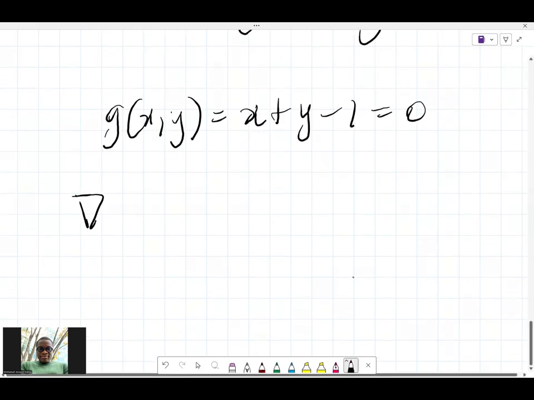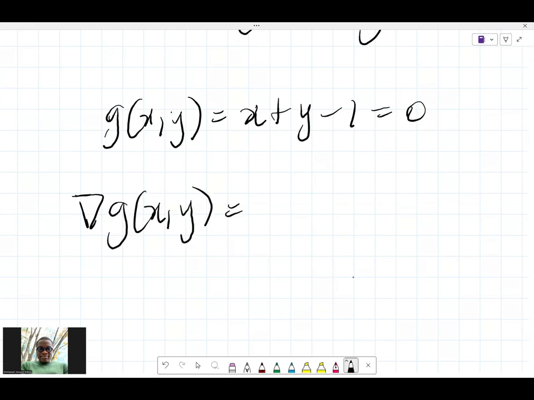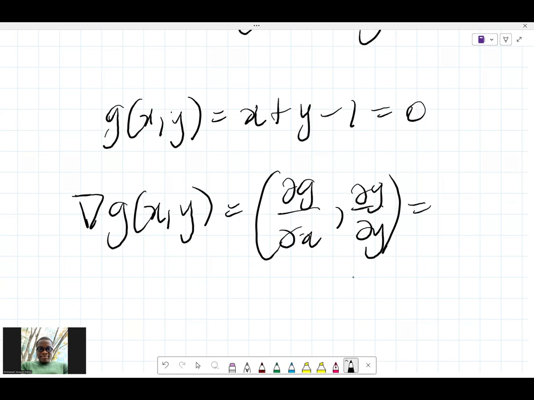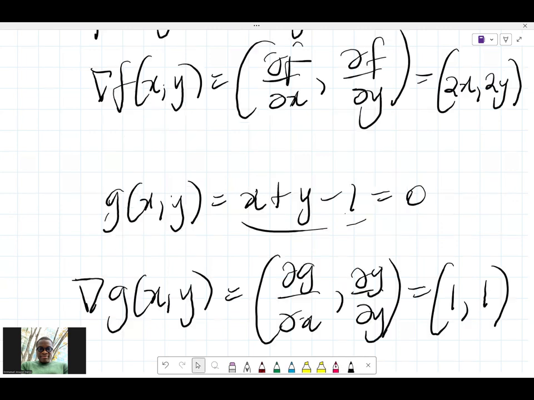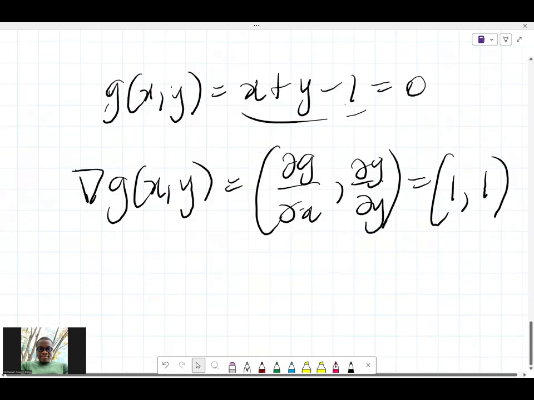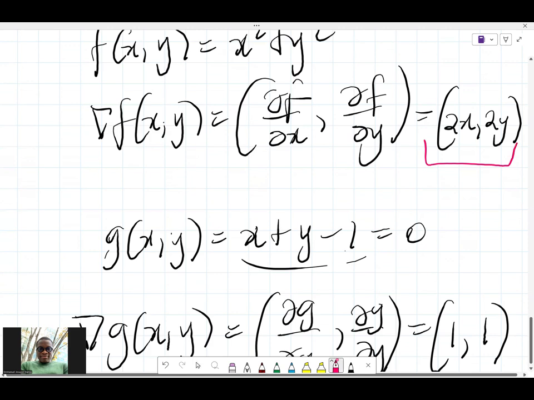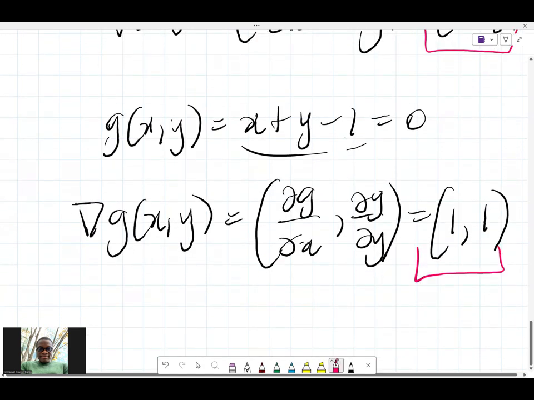The gradient of g is partial g partial x comma partial g partial y. Differentiating with respect to x, you get 1, and with respect to y, you get 1. The constant goes to 0 in both cases. So we have this for grad f and this for grad g.